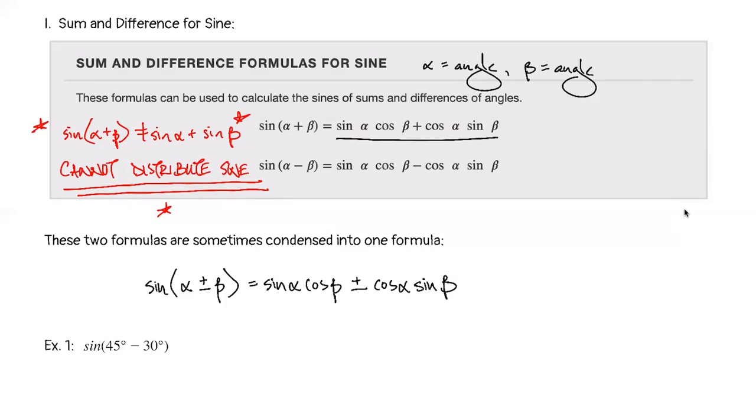Now, if I were reading this formula, let's just be really careful about what this means. It means that if I want to use the plus on the left-hand side, I use the plus on the right-hand side. Does that make sense? Because it came from this plus and this plus.